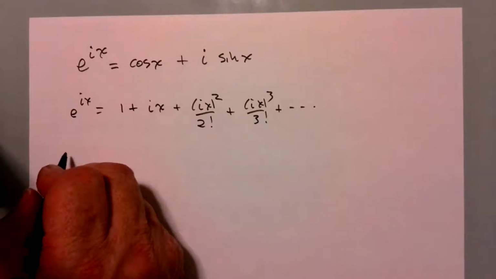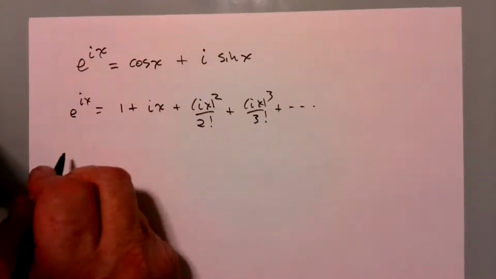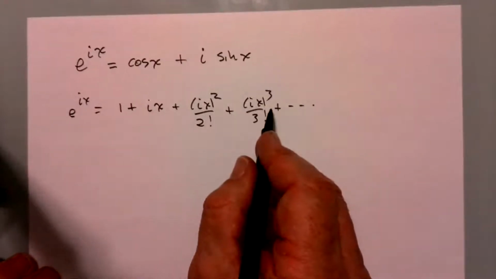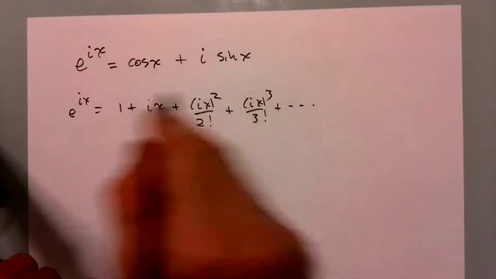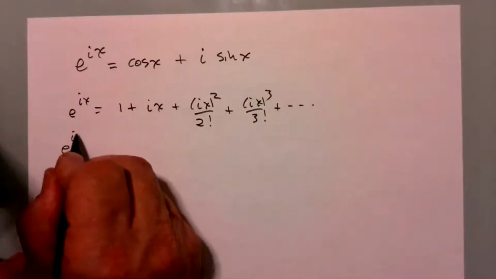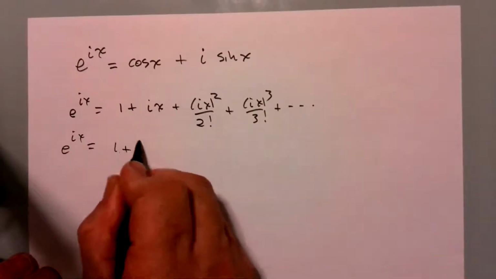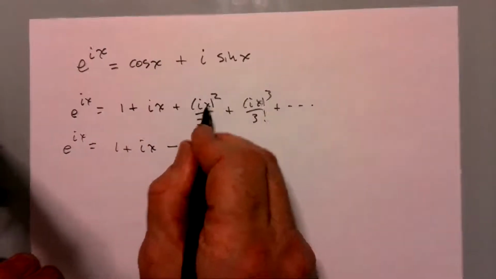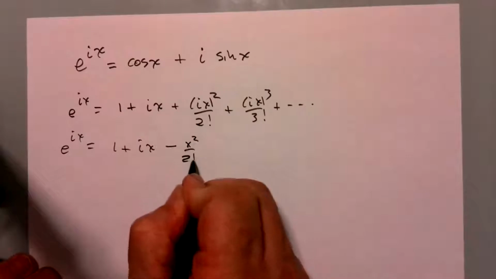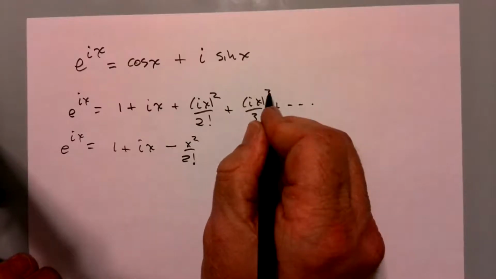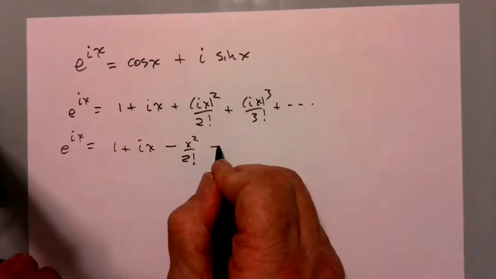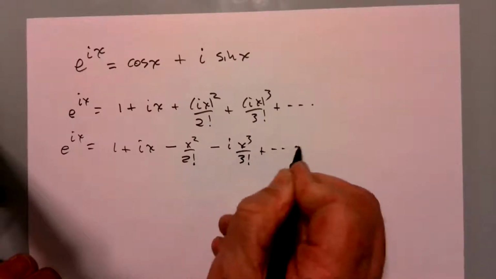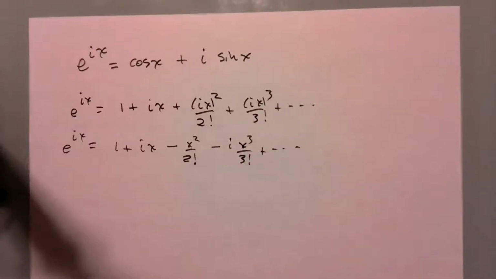You know what cos x is, right? You also know that i squared is -1. So if we're looking at how this behaves, e to the ix is 1 plus ix, minus, because i squared is -1, x squared over 2 factorial. i cubed is -i, so minus i times x cubed over 3 factorial plus ... That's e to the ix.